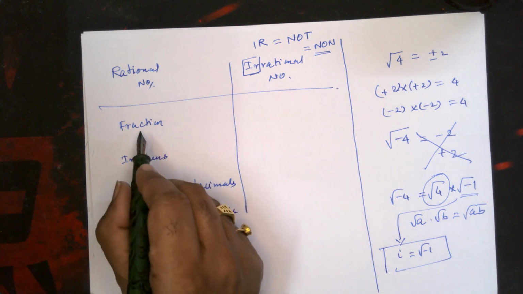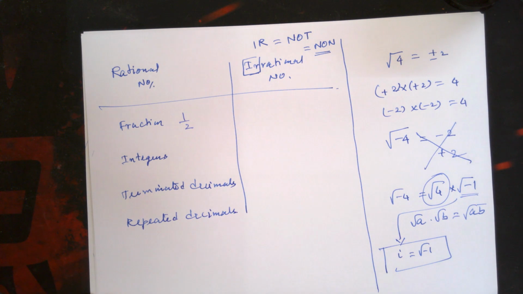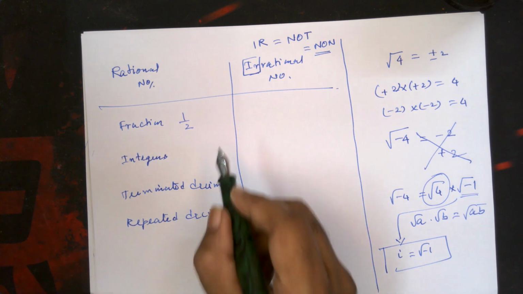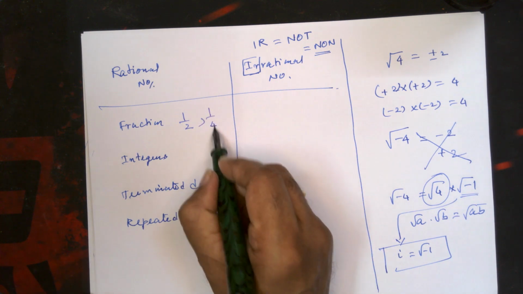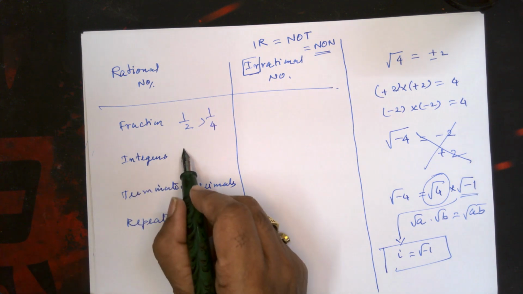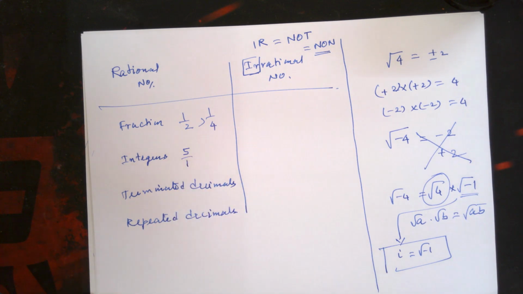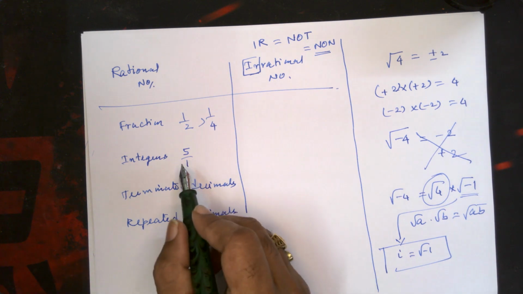For example, a fraction can be 1 by 2, correct? Or it can be 1 by 4, right? And an integer, for instance 5, can be represented as 5 by 1 also. So an integer can be represented as a fraction also. Anything divided by 1 gives the same value, is it not?